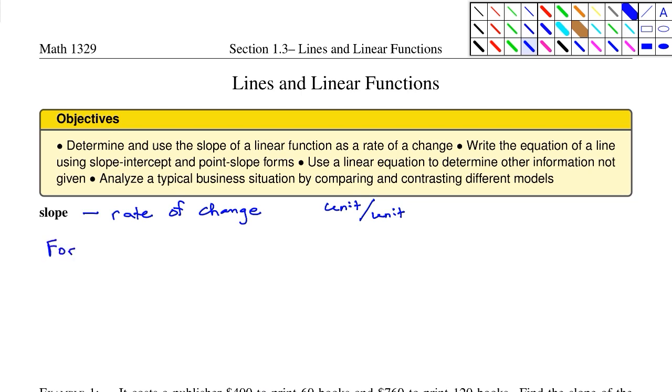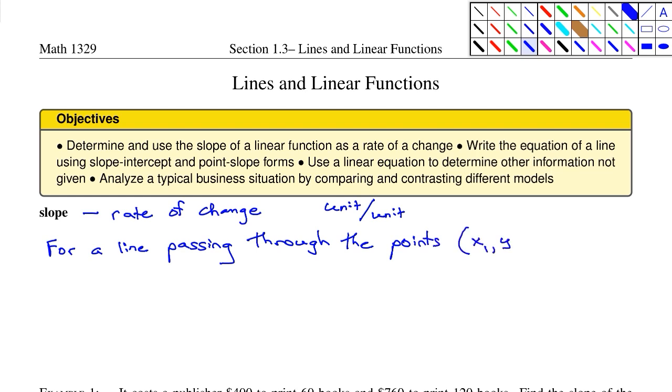Now let's go ahead and recall what the formula for slope is. For a line passing through the points (x1, y1) and (x2, y2), we have that slope is equal to m, that's the symbol that we use for slope, and that is delta y divided by delta x.